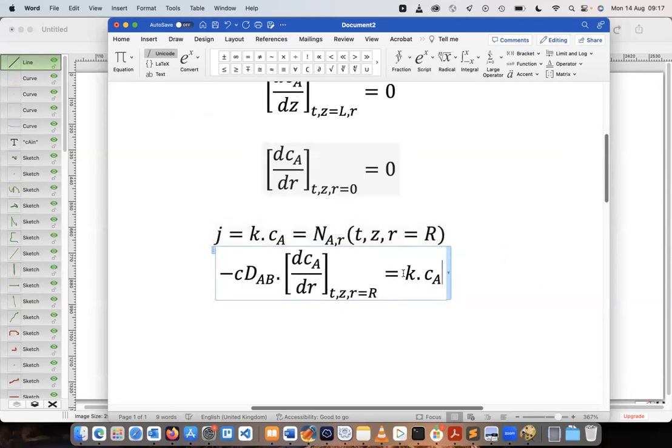Or rather, the problem stated that there was a certain deposition constant.